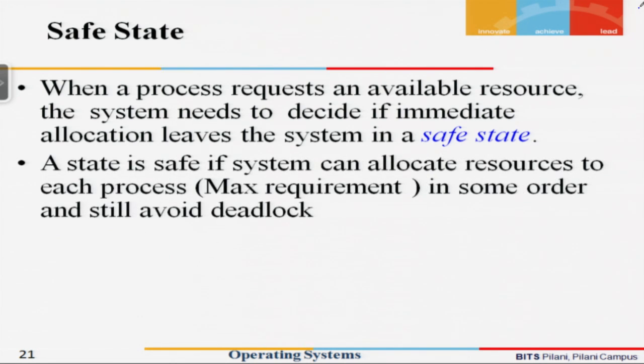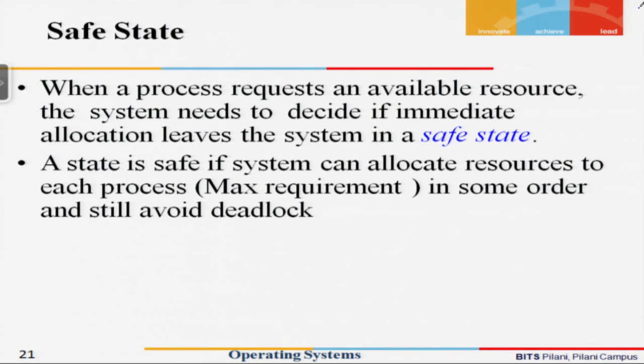We say that a state is safe if the system can allocate resources to each process, that is, it can meet all the requirements of the processes, and it can still avoid the deadlock. If that can be achieved, then we say that the system is in a safe state. Broadly, at a given instance of time, a process may make a request.